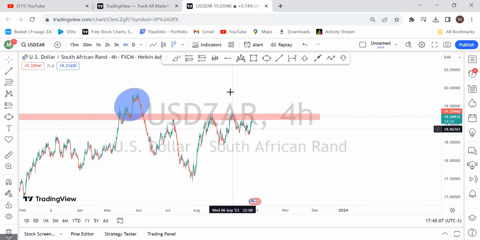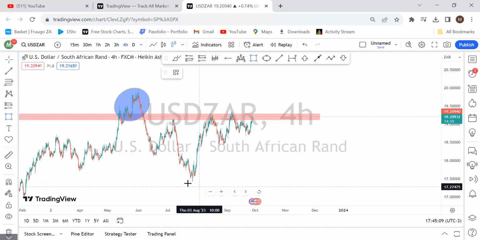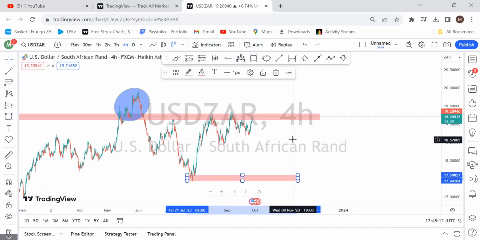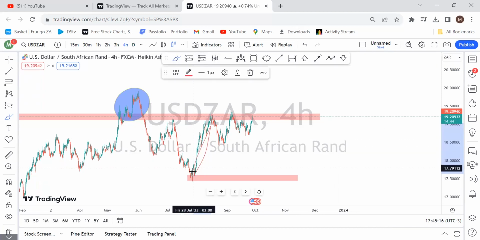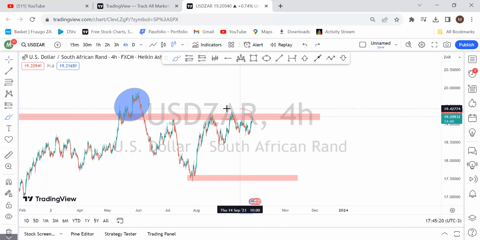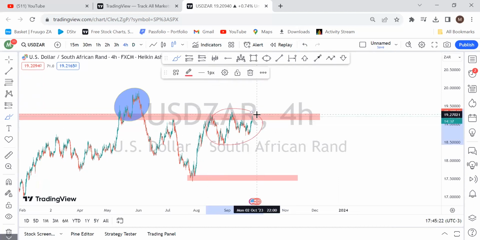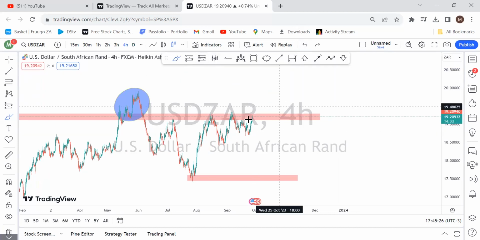Because what we have here, from this low, the price gave us an impulse to the upside, right? And currently we have a nice correction right there, meaning the price could go up.